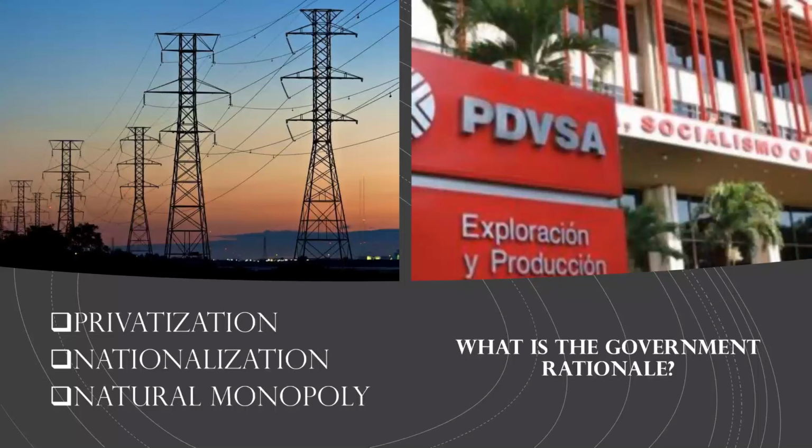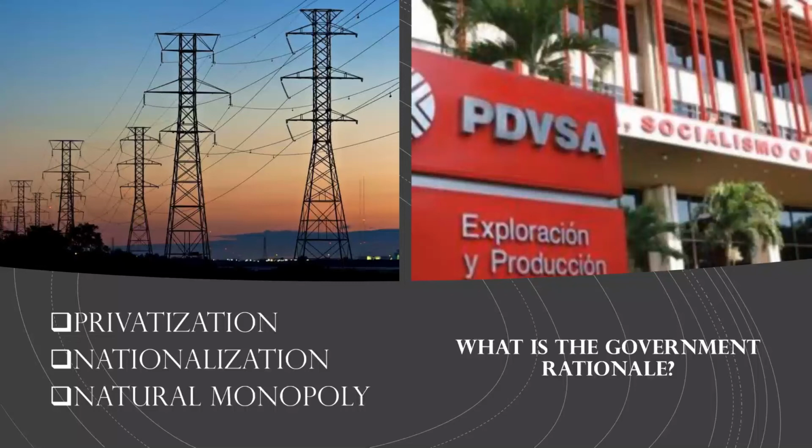And what they did was basically say, we are going to expropriate the Venezuelan oil from the private owners, and that oil is no longer theirs. It is now public. It now belongs to the government.